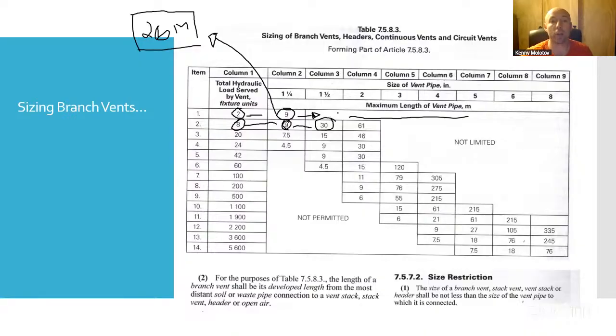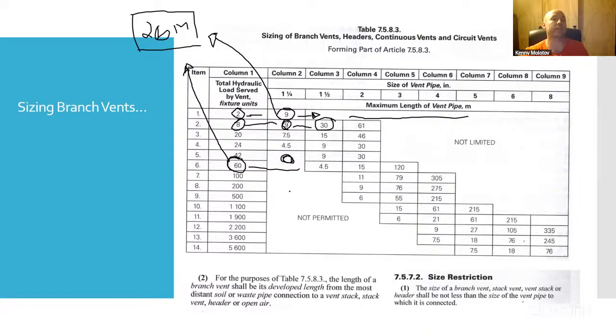Let's say our hydraulic load continued on and we got to 47 fixture units. Okay, we'd be all the way down here. We're at 47 fixture units. And remember, our branch vent is a total of 26 meters. So we come over here. We are not even allowed to use 1.25, not permitted.